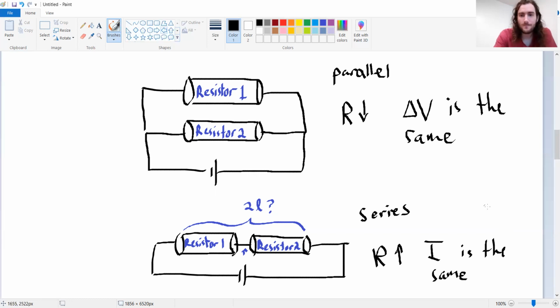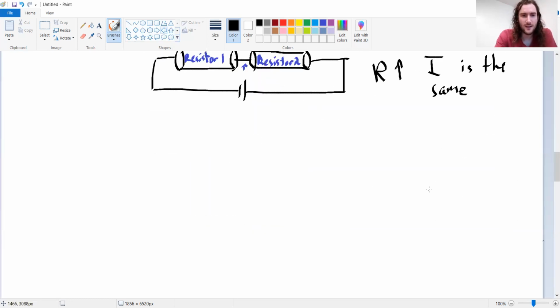Okay, so knowing that the voltage is the same for resistors in parallel, I'm going to go ahead and cut to the chase here because we've seen this analysis before already. I'm going to replace now this idea of a resistor with this idea of a resistor.